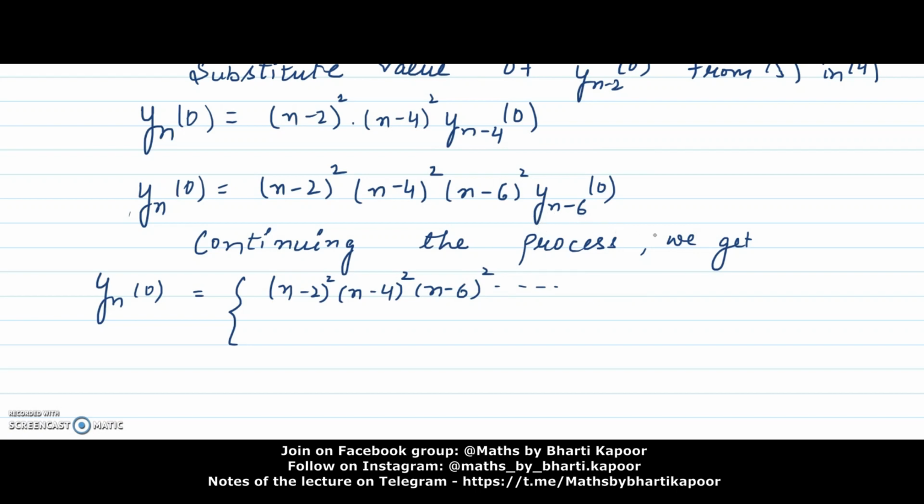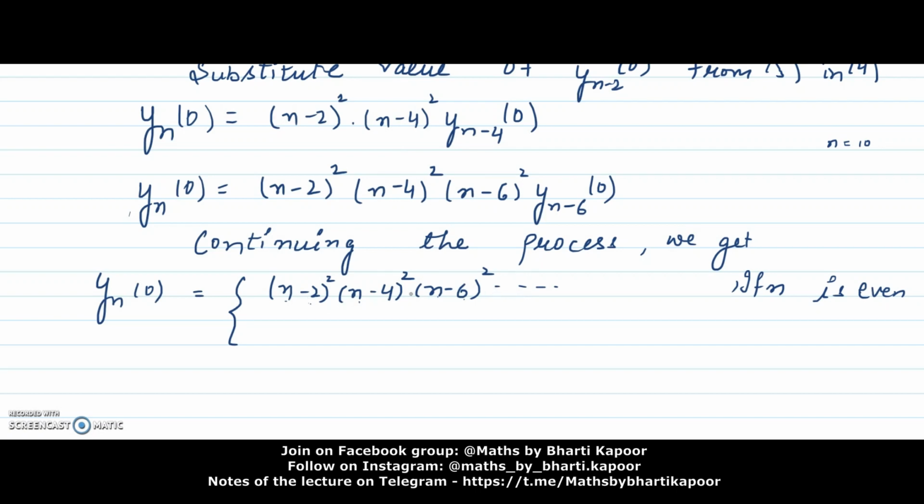For the time being, let's assume that n is 10, that is even. It can be any even number, but for the time being, let's take n equal to 10. So what will be the next term? It will be 10 minus 2, that means 8 square, 10 minus 4, that means 6 square, 10 minus 6, that means 4 square, and the next term will be 2 square.